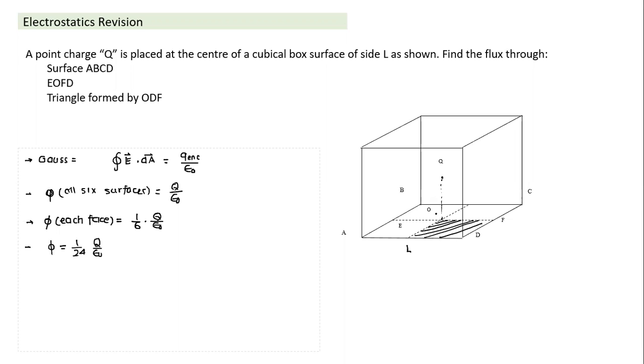Let's understand what this square means. Let me call L by 2 as A. If I consider it separately, how is the charge placed with reference to this square?